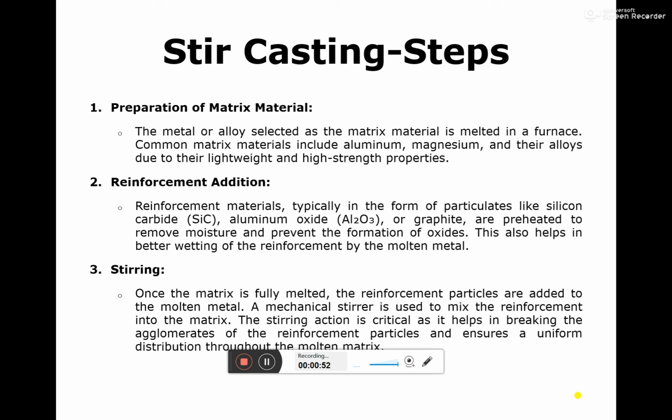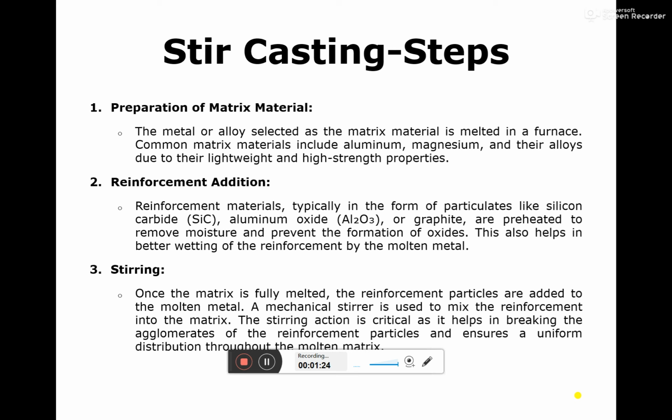The stir casting process is one of the very economical processes to produce metal matrix composites. This technique mainly involves the incorporation of reinforcement particles, most probably ceramic particles, into the molten metal matrix.